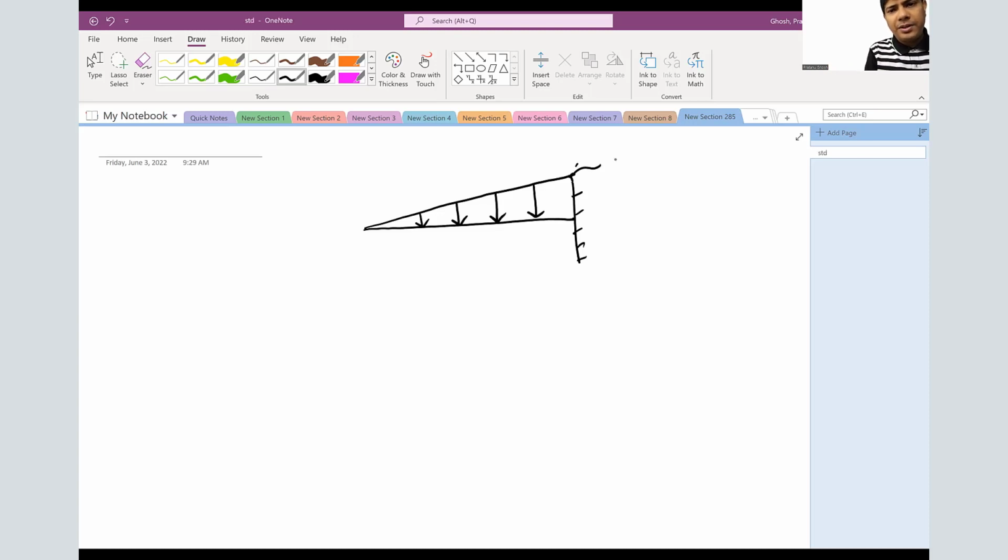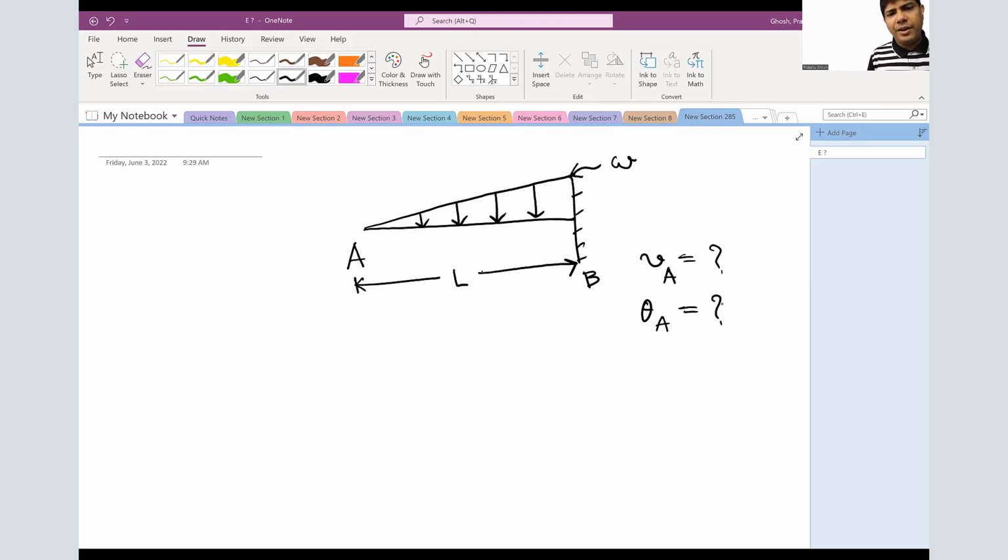The height of the loading is W, with ends A and B. The length of the beam, or span, is L. Our aim is to find how much the vertical deflection at A is, and theta A, the slope and vertical deflection at the free end of the beam.